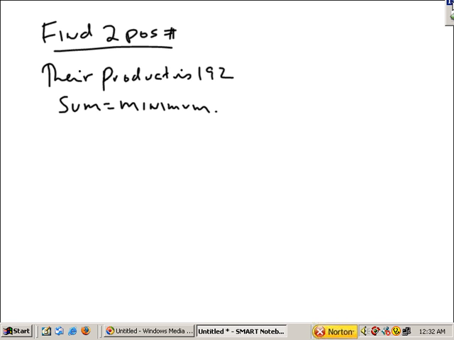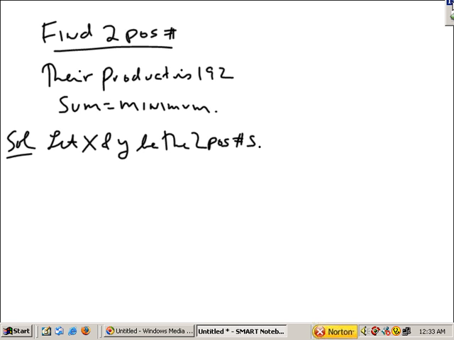So one way of doing this is let x and y be the 2 positive numbers. Here's where the solution is starting. And we know what their product is. X times y is 192.